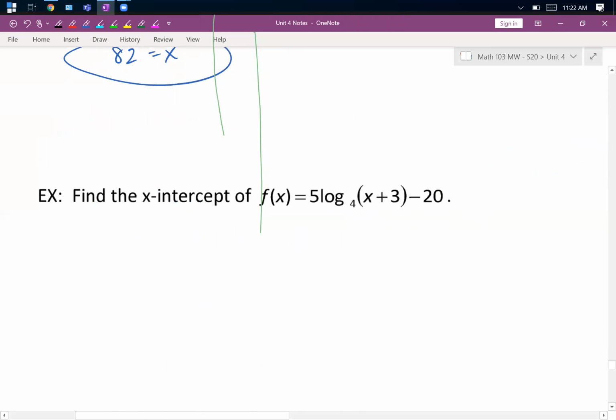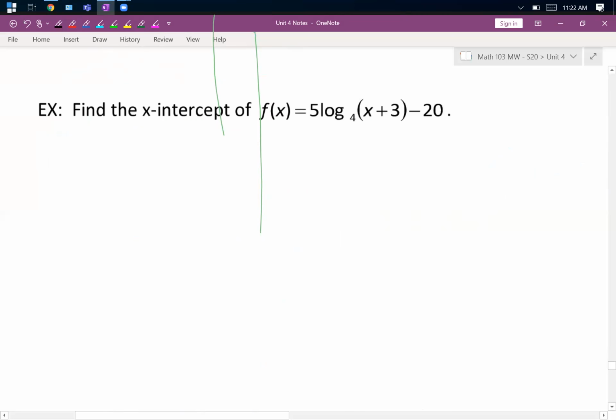Now, I could ask a different question, though, especially on a cumulative final. It's very common that instructors do that, where I'm going to ask you to solve a log equation, but maybe in a slightly different context. So if I asked you to find the x-intercept of a logarithmic function, f of x equals 5 log base 4 of x plus 3 minus 20, well, how do we find any x-intercept ever in our life?